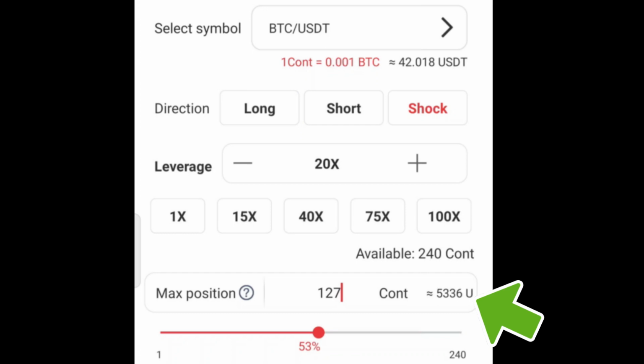So this is the max amount of money you are willing to put, the max position for this coin. And this already includes the 20x leverage. The actual money that you are willing to put is divided by 20x.